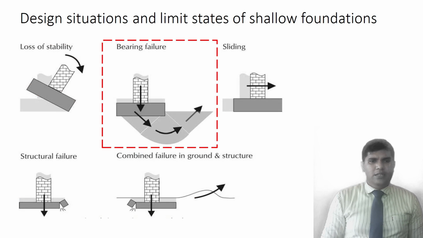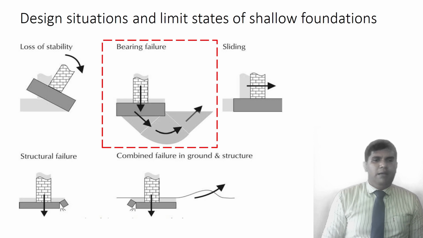Then if you move to the design situation and the limit states of the shallow foundation, the possible failures of foundation are, one, loss of stability, that means overturning. The other one is sliding, where it may move in a lateral direction.